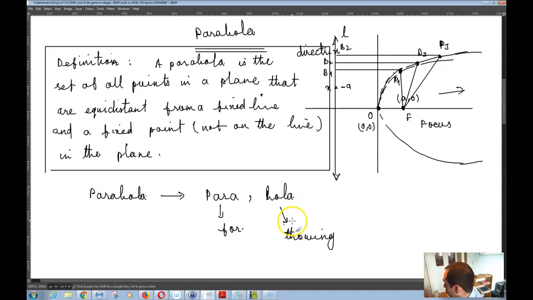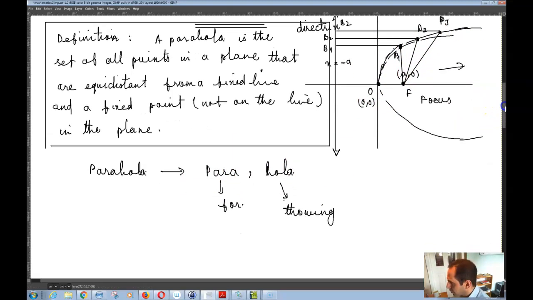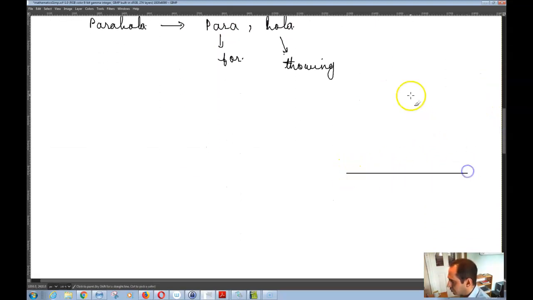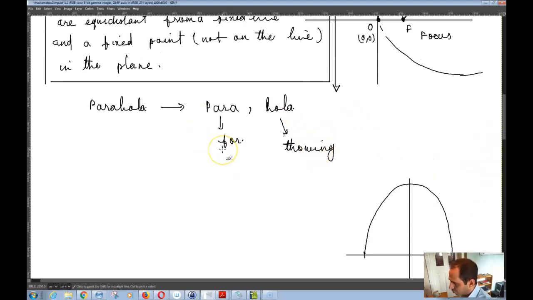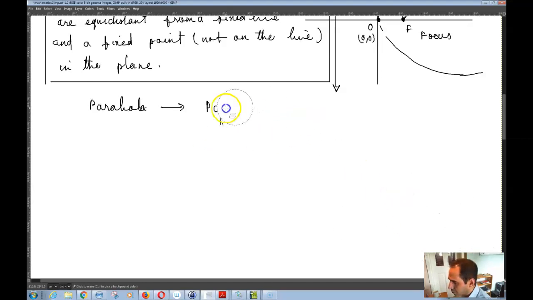It seems they gave this conic section the name parabola because it has the shape of when you throw a ball in the air, meaning the ball goes up in the air and then comes down like that. So that seems to be the reason why they gave the parabola its name.